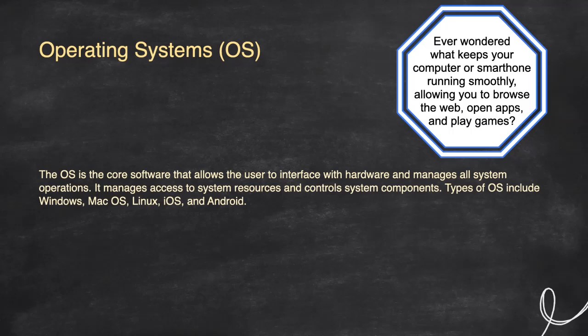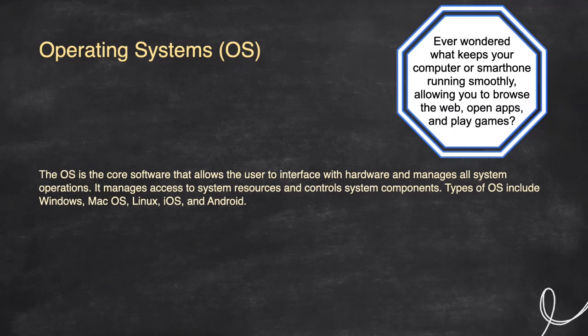Whether it's your computer or smartphone, the operating system allows you to interact with the machine without needing to know the technical ins and outs of how it works. It manages everything from your processor and memory to storage and external devices like printers or USB devices. In short, it ensures that every part of your system functions smoothly together.